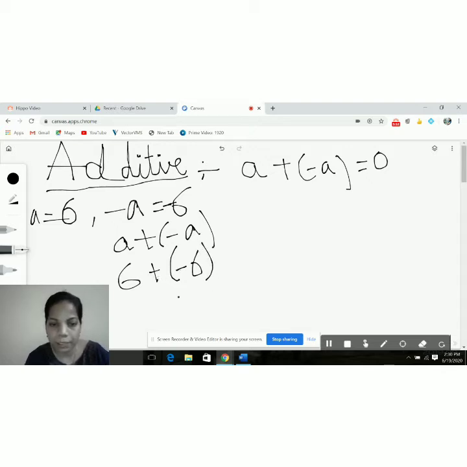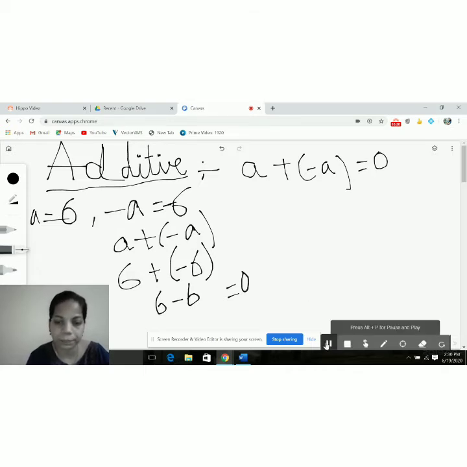So plus into minus is minus, right? 6 minus 6. What is 6 minus 6? 0. So I have taken a and minus a and I have proved a plus minus a is equal to 0. So 6 and minus 6 are called additive inverses of each other.